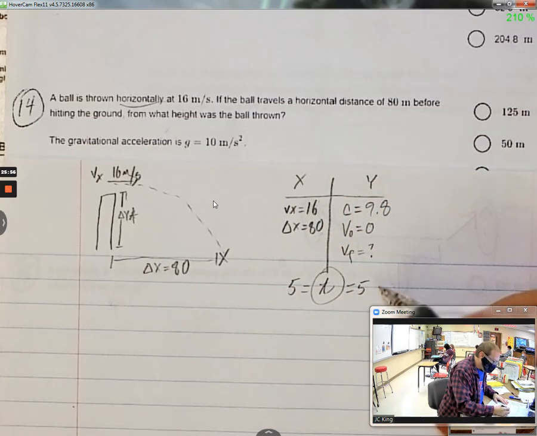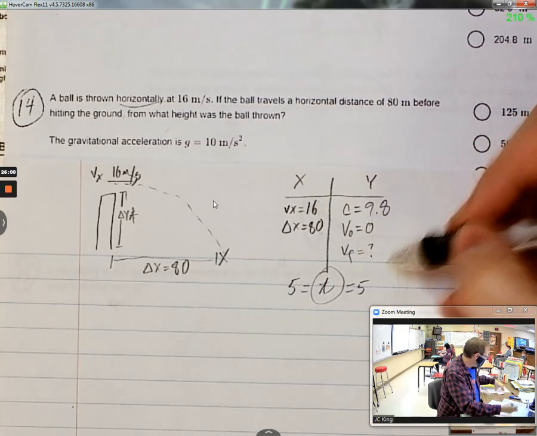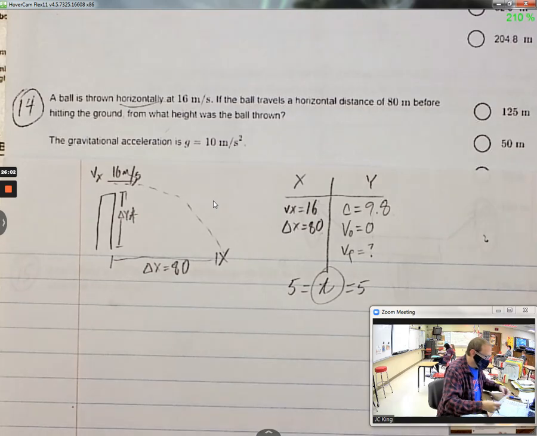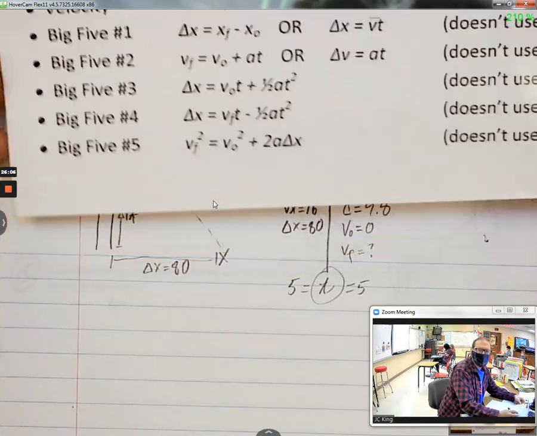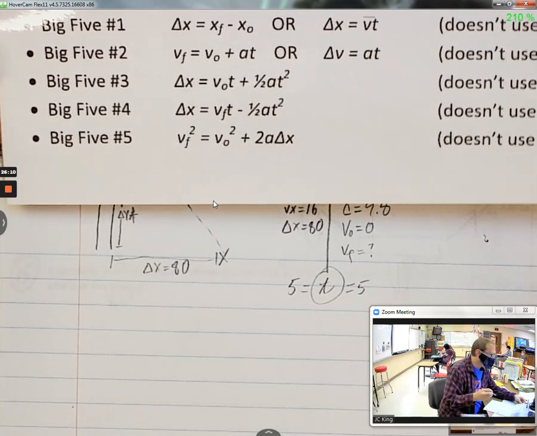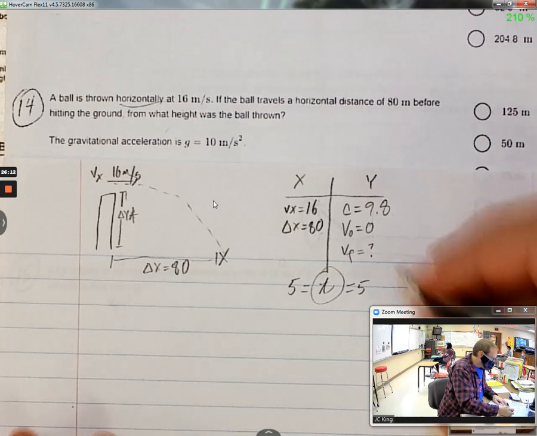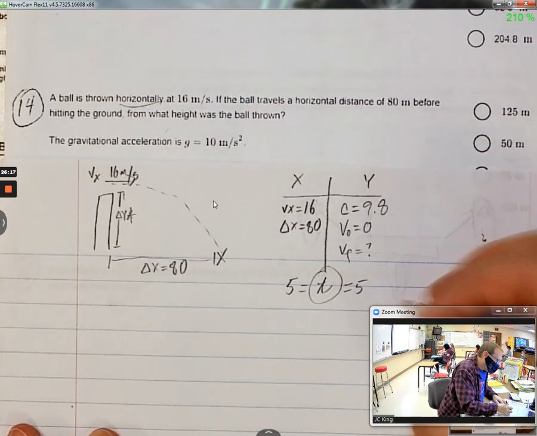So if t equals 5, now we're trying to find the height, we're trying to find the delta y here, correct? So hit me with some ideas. What do we want to use? Big 5, number 3? Okay, I love it, yep. So delta y equals VOT, which we don't need because VO is 0.